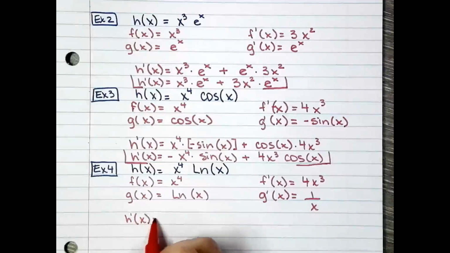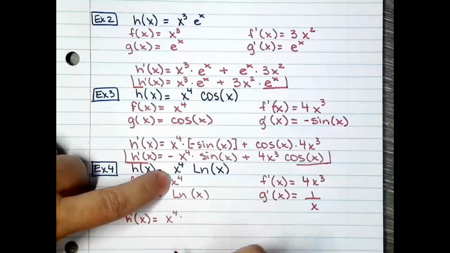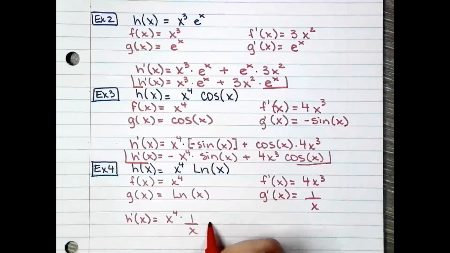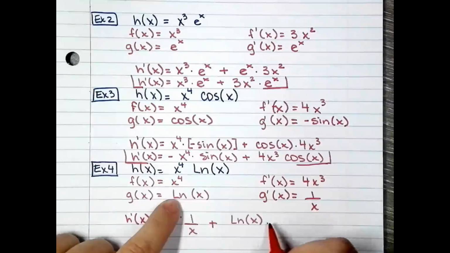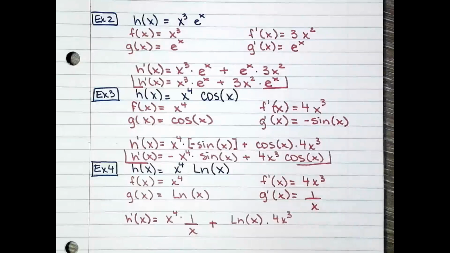So h prime, f is right there, times g prime, 1 over x, plus g times f prime. We're going to clean this up.